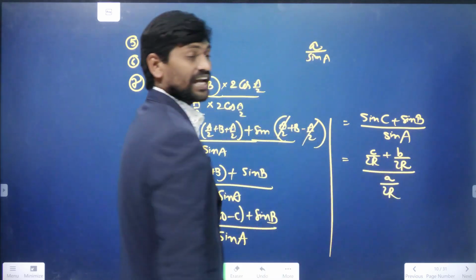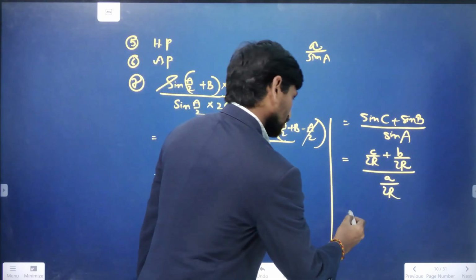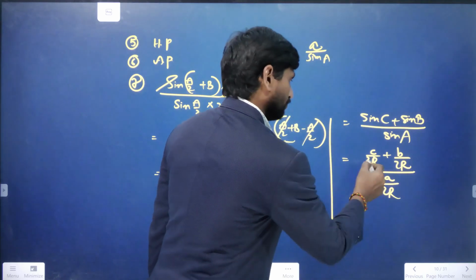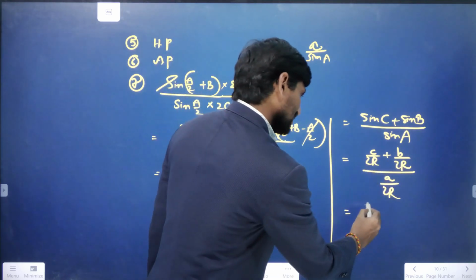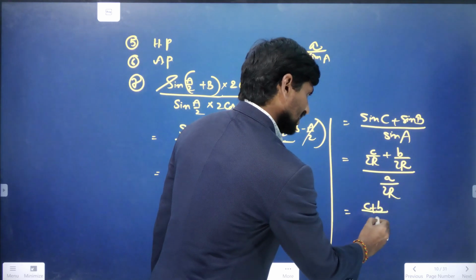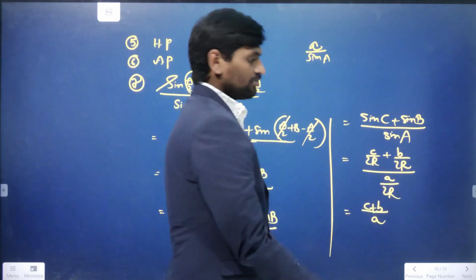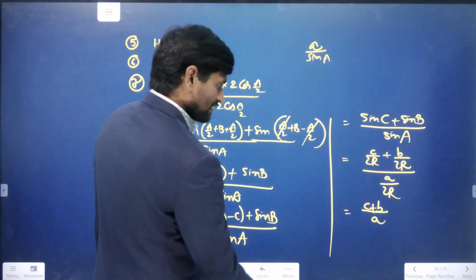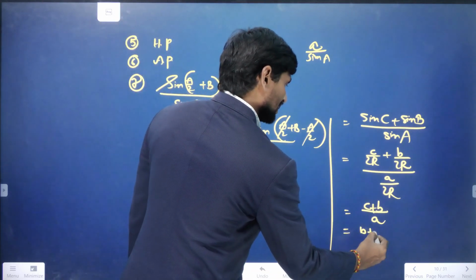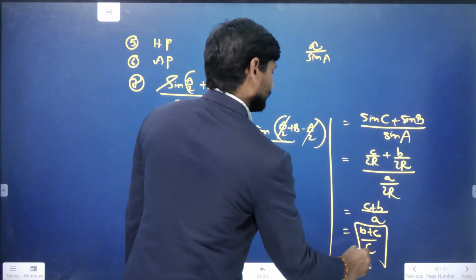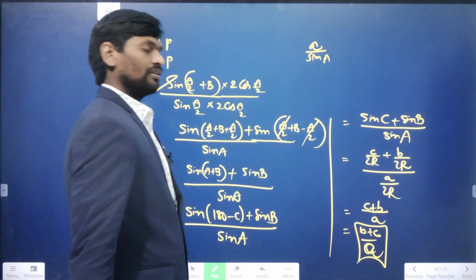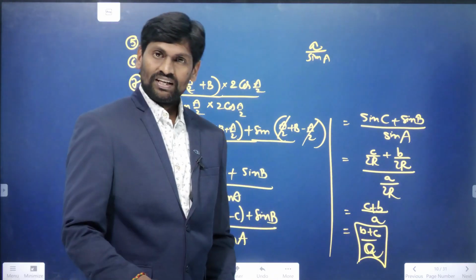Both denominators are the same and can be cancelled. So you can write c plus b by a, but in the textbook it is given as b plus c by a. Both are the same. Let us go to the next problem.